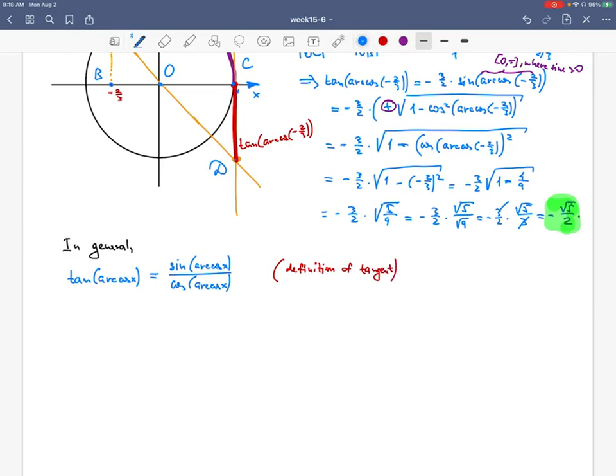Now, cosine of arc cosine is always the argument, so we simply get x. For sine, we get plus minus square root of 1 minus cosine squared of the argument. That is the Pythagorean identity.